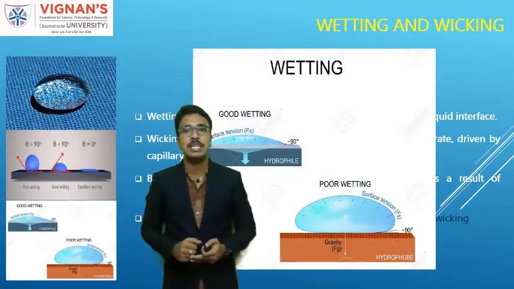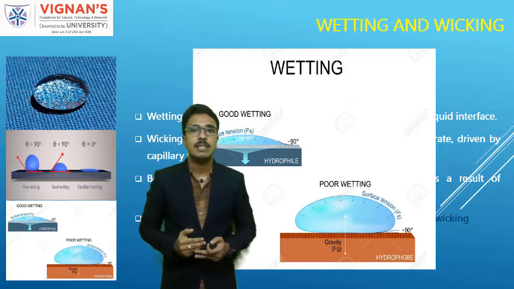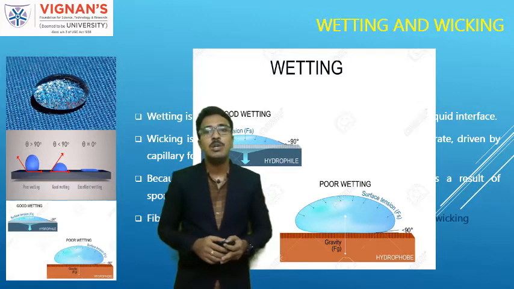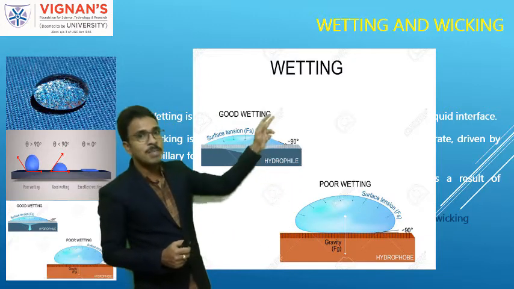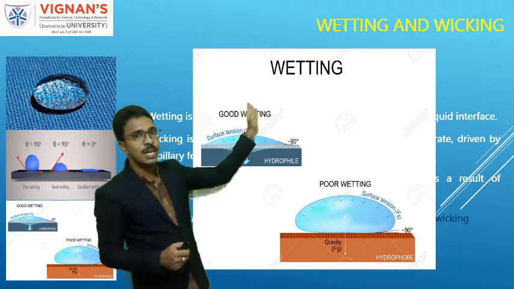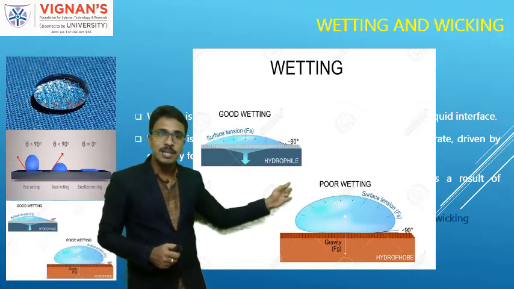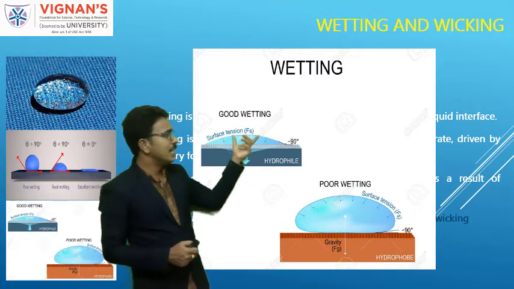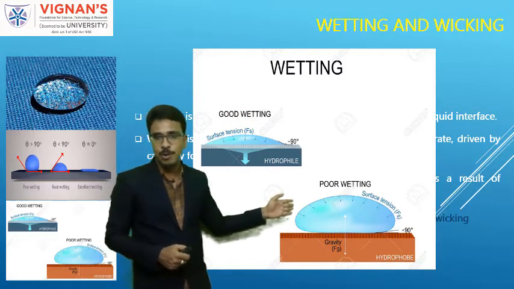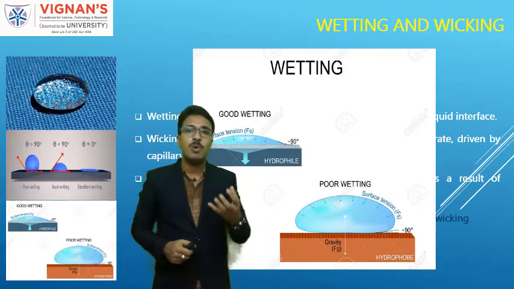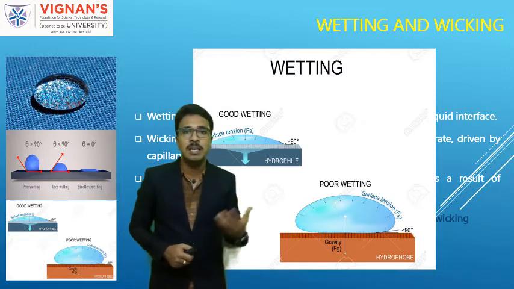Okay, now you can see in this image what wetting is. There are two surfaces in the two images. In one image you can see good wetting and here poor wetting. Why good wetting and poor wetting? You can see the surface. The first one is a hydrophilic surface and the second one is a hydrophobic surface. Depending on what kind of surface it is, hydrophilic or hydrophobic, already you have studied in the previous semester.